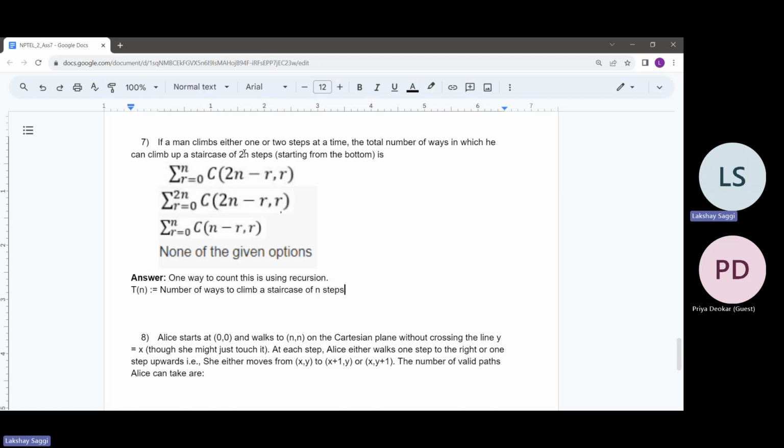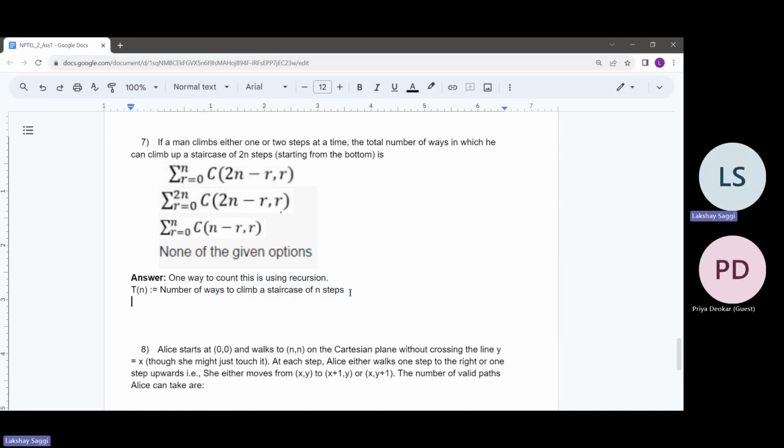We are given 2n steps, but we'll just derive the recursion for n steps, and we can plug in n as 2n. I remember that we had discussed deriving a recursive relation for this in one of the sessions.